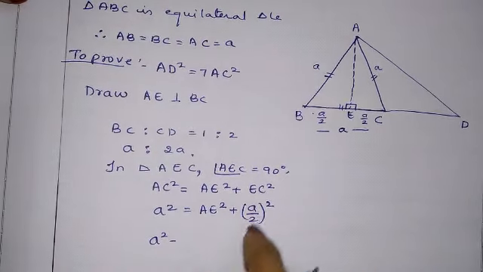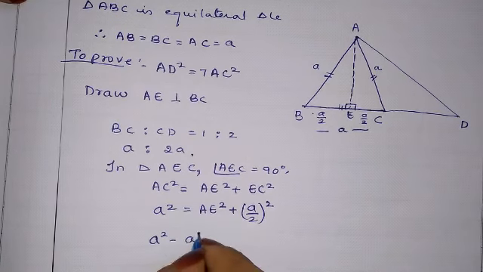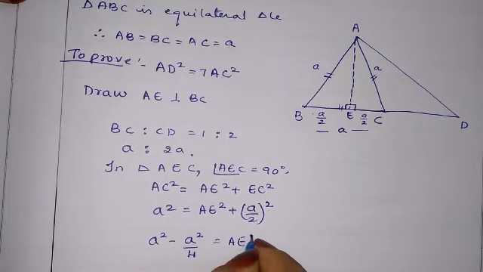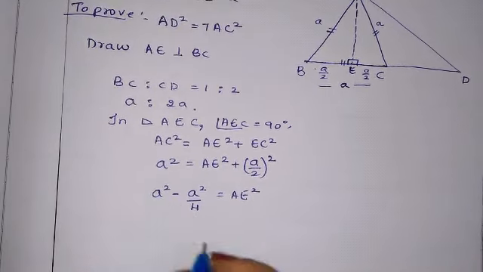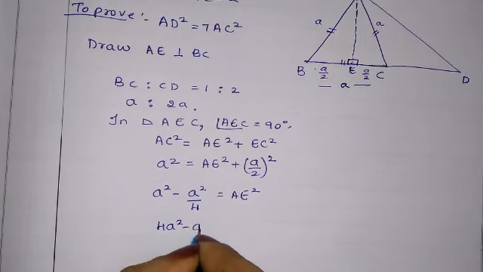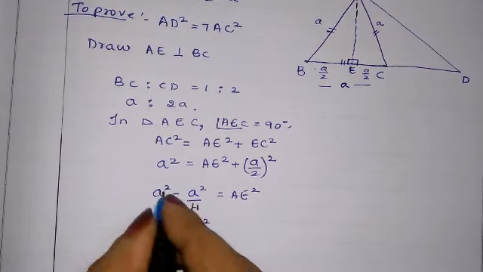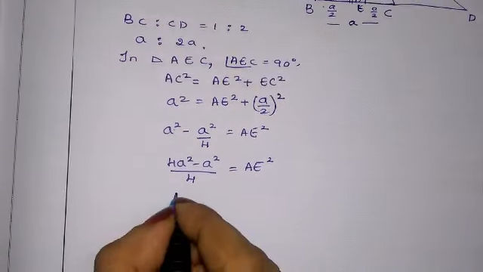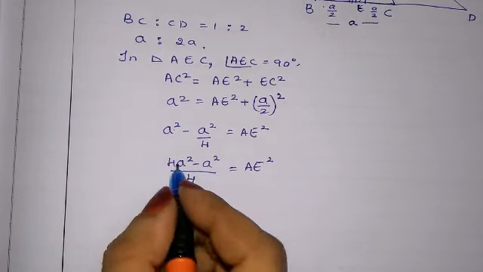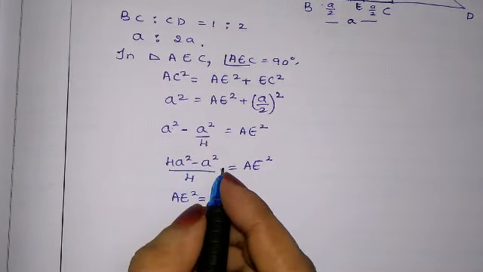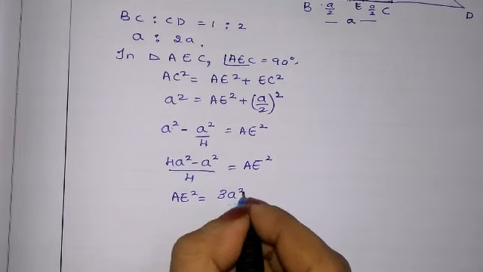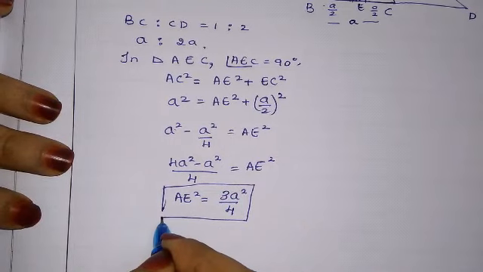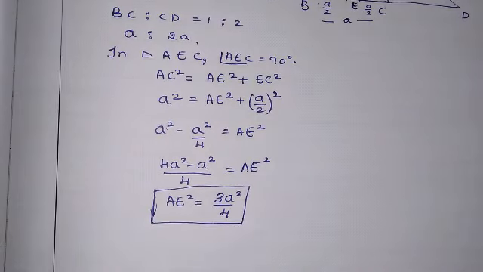AC square minus A square upon 4 is equal to AE square. Cross multiplying, 4A square minus A square upon 4 is equal to AE square. So AE square is 3A square by 4. We'll keep it as it is.